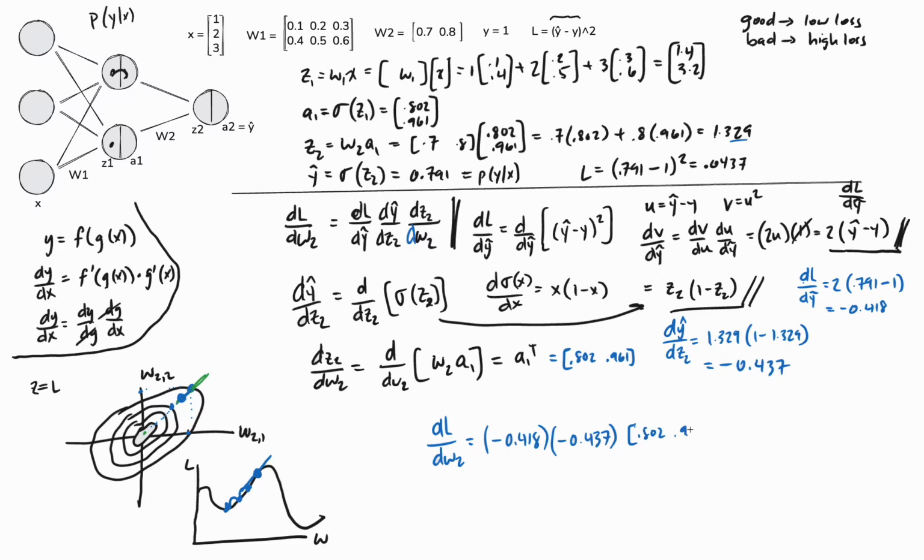Which of course equals some constant, 0.418 times negative 0.437. It's going to be equal to some constant 0.182 times 0.82, 0.961, which is going to be 0.182 times 0.802.